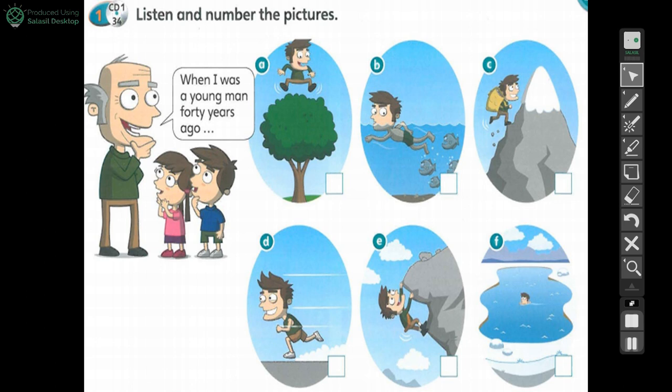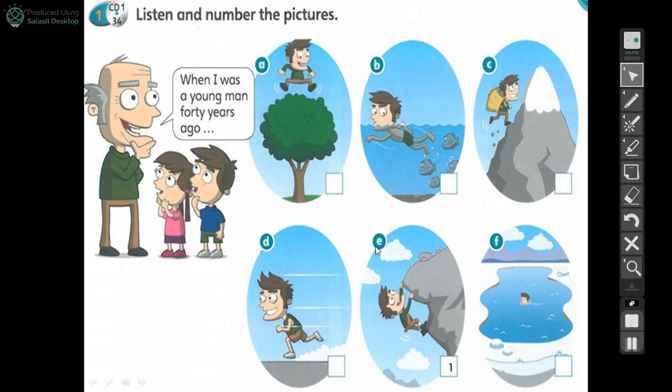Student's book, page 25. 1. Listen and number the pictures. When I was a young man 40 years ago, I could climb the highest mountains. I could climb the highest mountain. Which picture? Thank you.